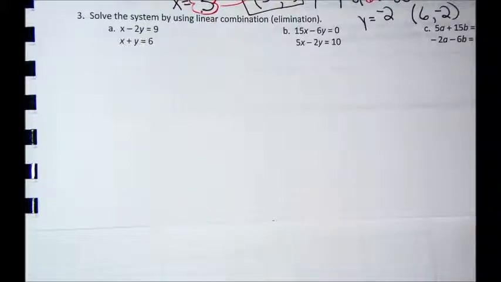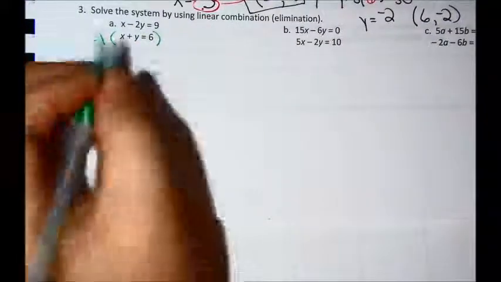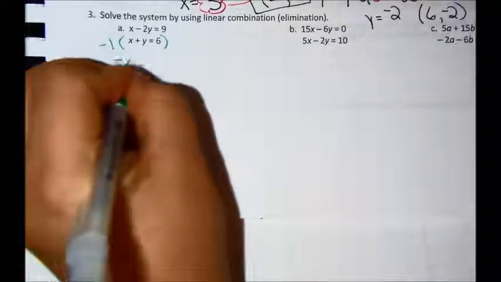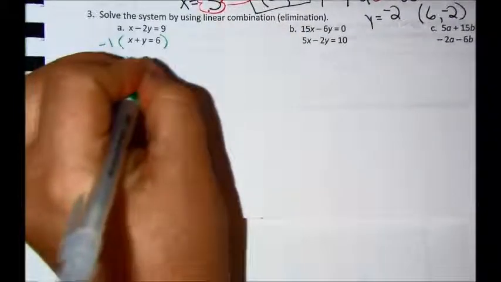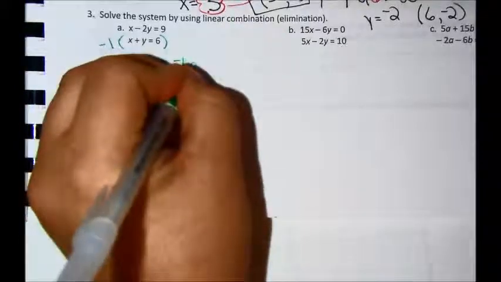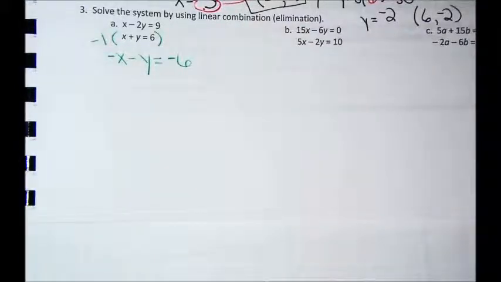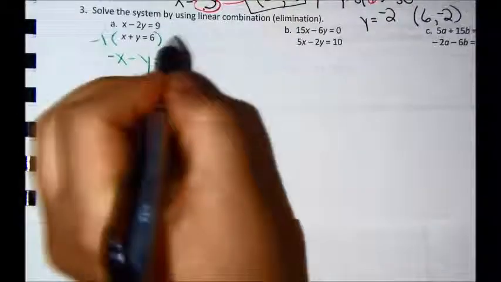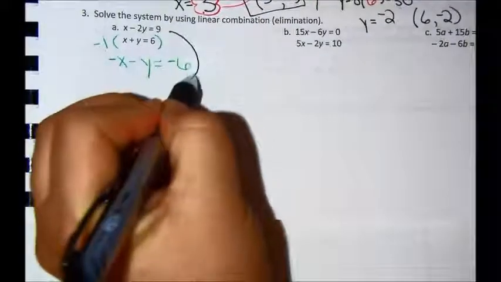X. They both have the same coefficient. So I can make this cancel out by multiplying one of those equations by a negative 1. Which gives me negative x minus y equals negative 6. This top equation remains the same.